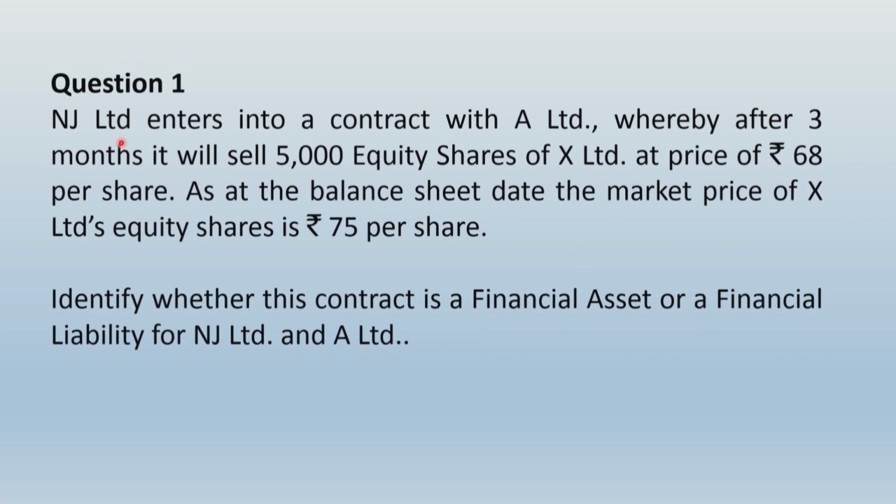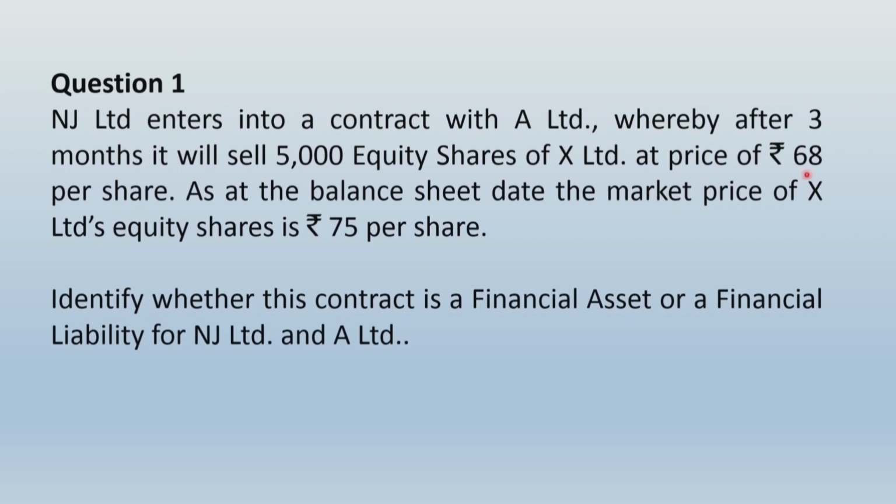So yes, we are definitely talking about NJ Limited. For NJ Limited, this contract has finally turned out to be potentially unfavorable, whereas for A Limited it has turned out to be potentially favorable. So this contract is creating a contractual obligation on NJ Limited, whereas a contractual right for A Limited to make this exchange.